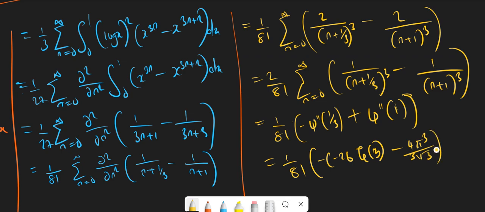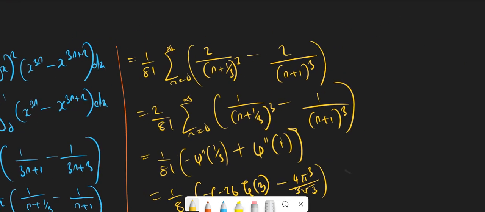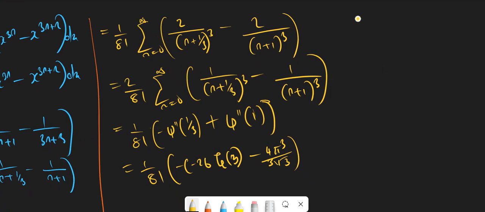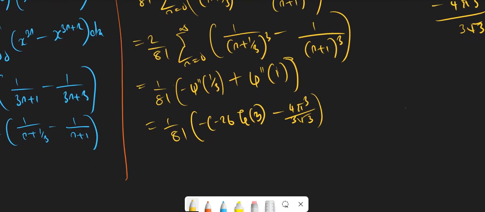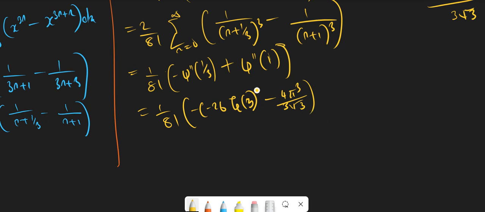The reason for this is because if you check Wolfram Mathematica, the value of psi prime of 1/3 equals negative 26 zeta of 3 minus 4 pi to the 3rd power all divided by 3 root 3. Okay, so therefore you also have to add now psi prime of 1, which is negative 2 zeta of 3.